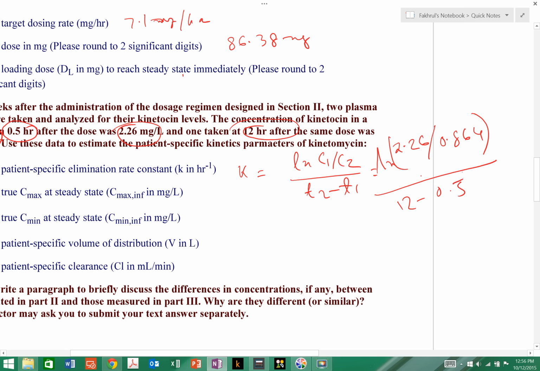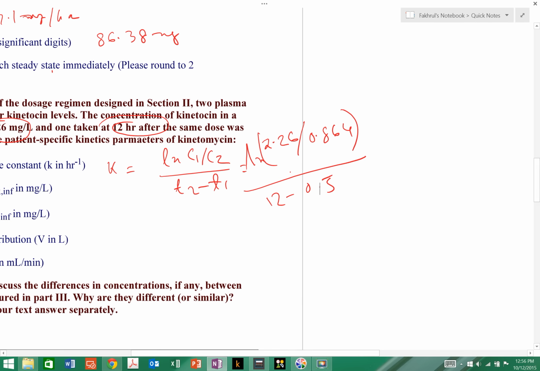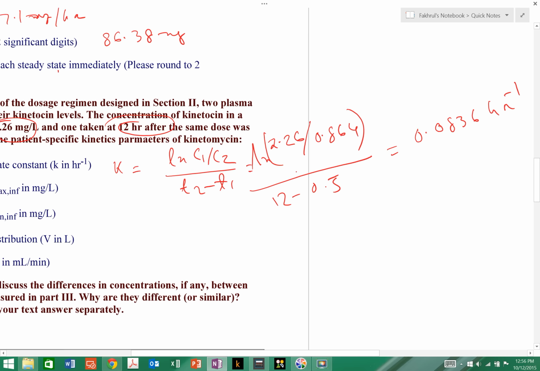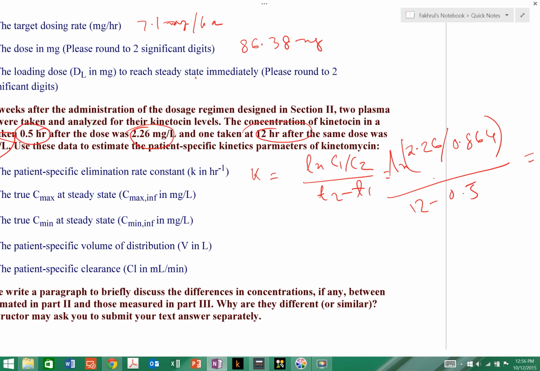This will give you a K of, I think, 0.0836 per hour. So we have a new K. First we have to calculate K. This K is 0.083, or you can put 0.084 per hour.